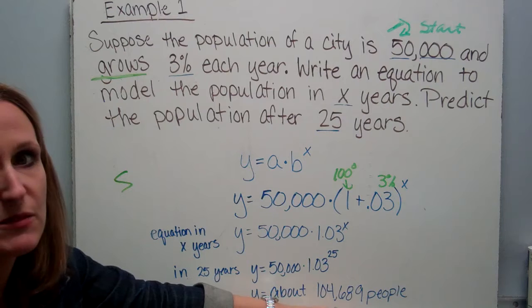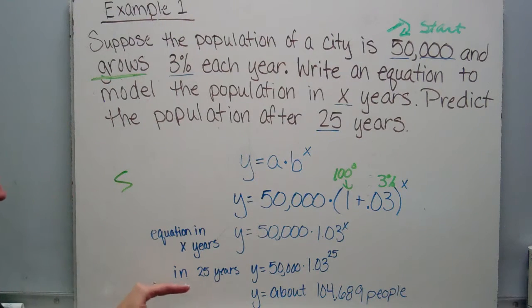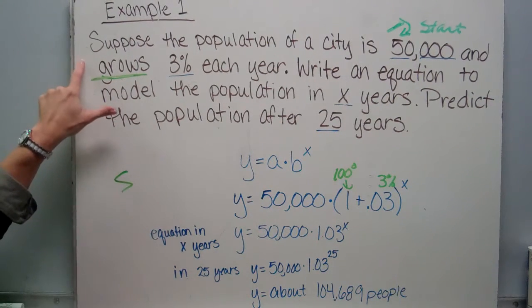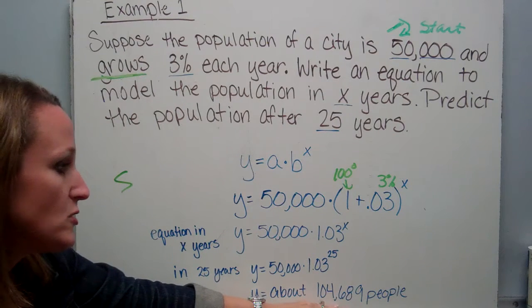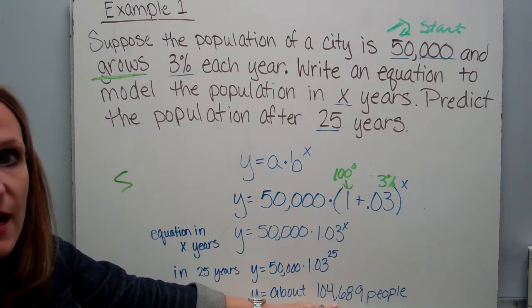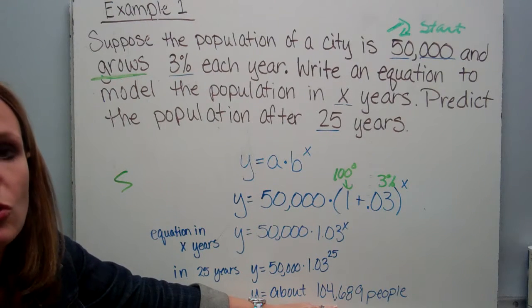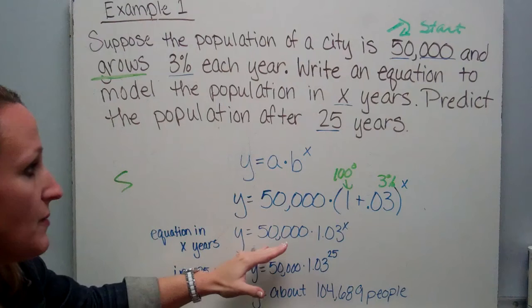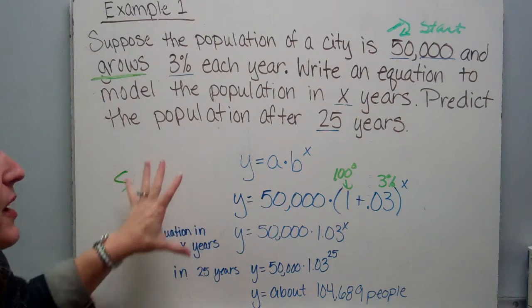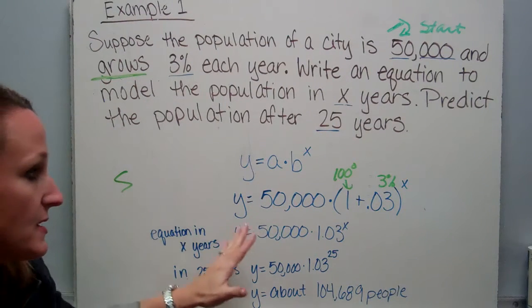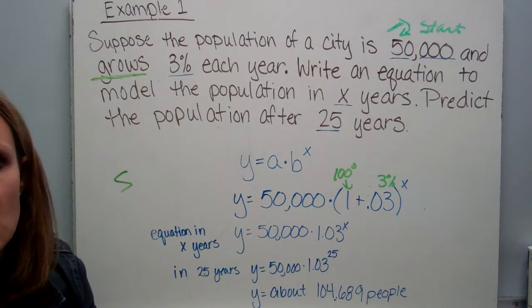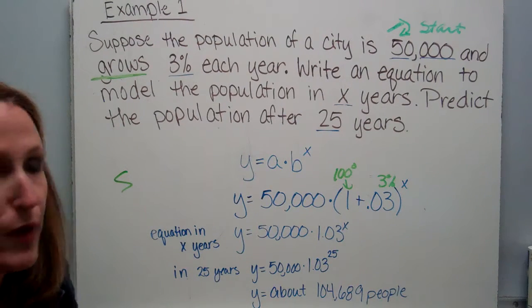You're going to get a big decimal. If we round it, we find that in 25 years, the population of this city is about 104,689 people. So this is how exponential growth works. You can plug in numbers and find the population growth. This is a formula that scientists actually use to determine population growth.